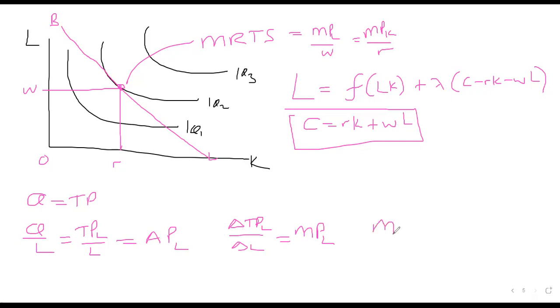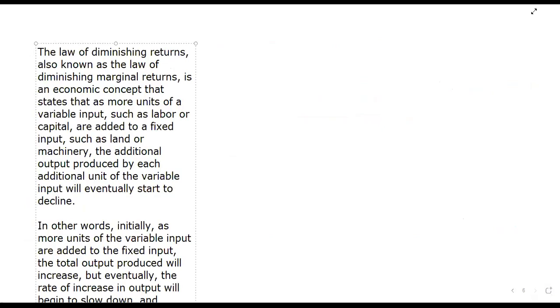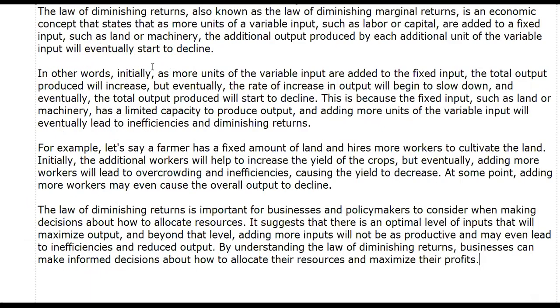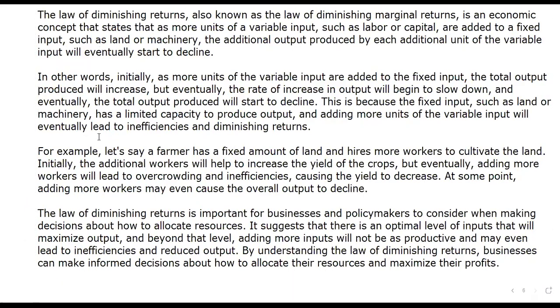If we multiply the marginal revenue times the marginal product of labor, what we get is called the marginal revenue product. So we have a law in economics, which we call the law of diminishing returns, which is also called the law of diminishing marginal returns.